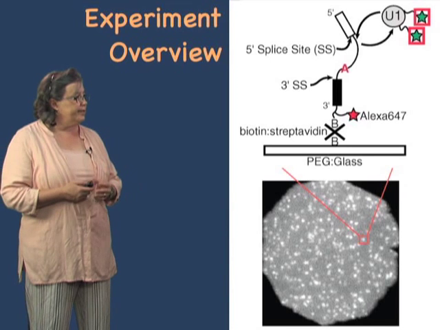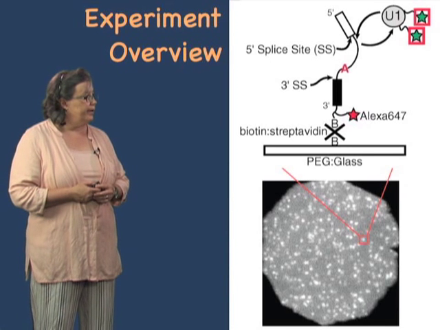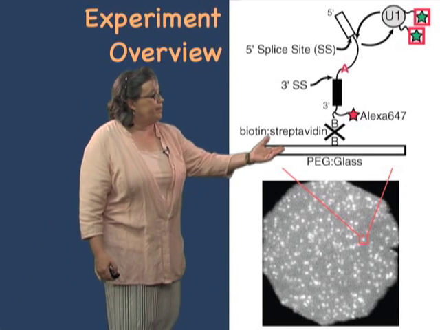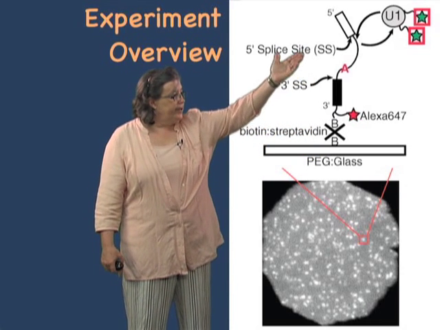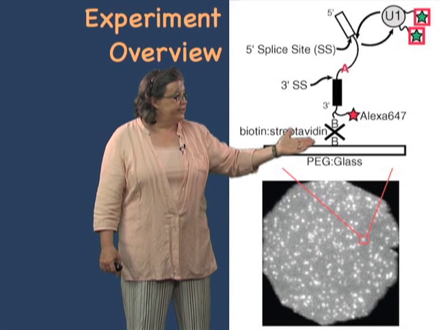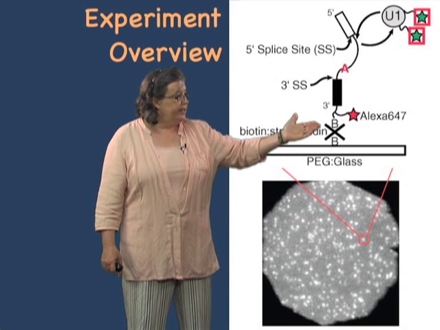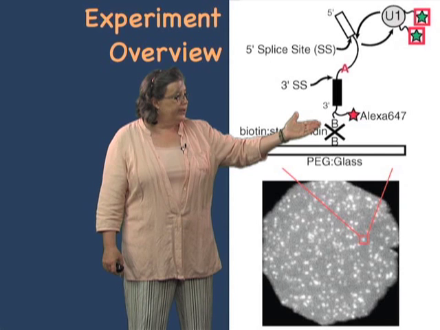Okay, so let's look now at how these experiments are going to go. So we're going to have our pre-mRNA that's attached to the surface via this biotin streptavidin sandwich. It has a fluorophore in it, so we can keep track of where the pre-mRNA molecules are.